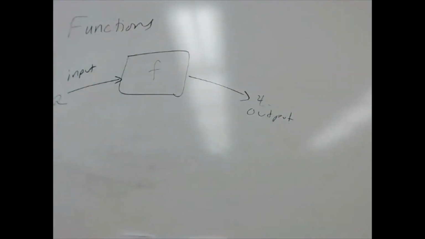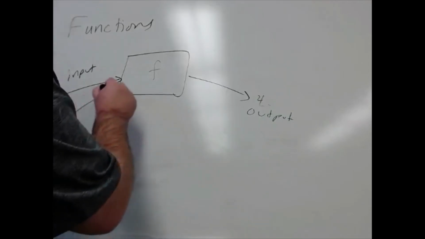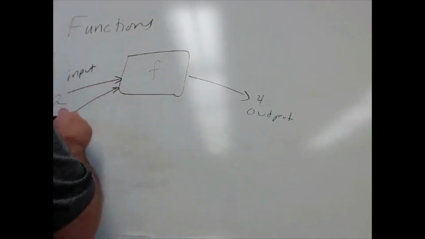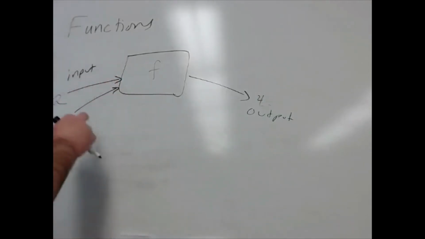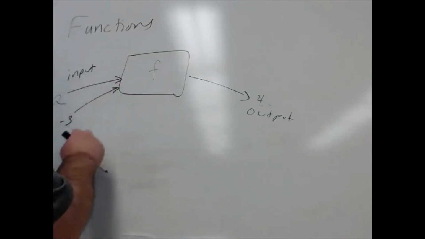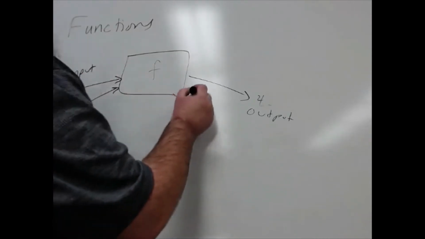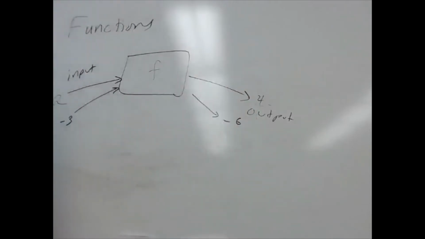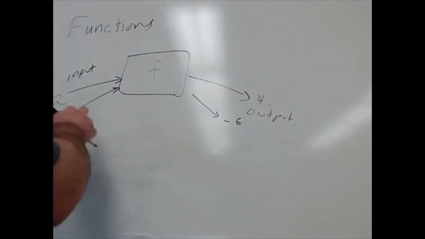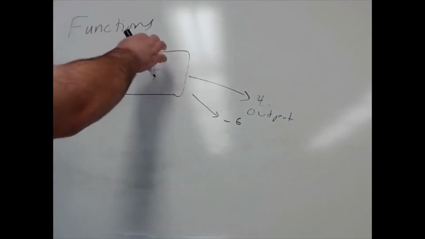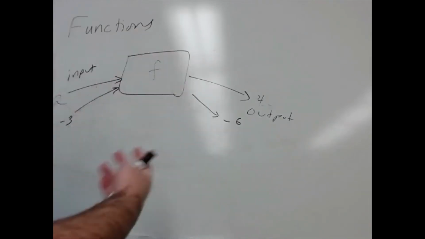If I put in another number, let's say -3, f is going to take the -3, double it, and spit out -6. So it always takes an input, modifies it somehow, and then spits out an output.